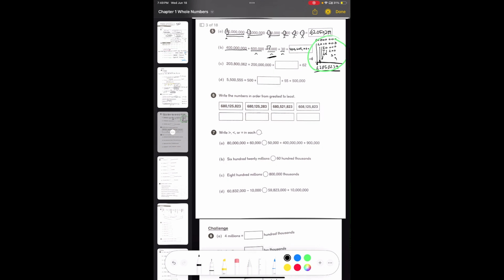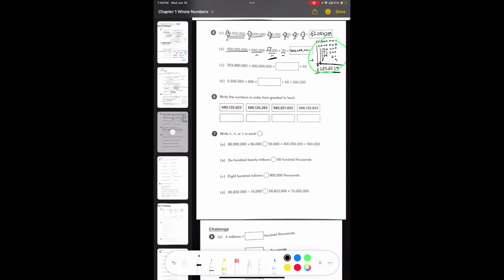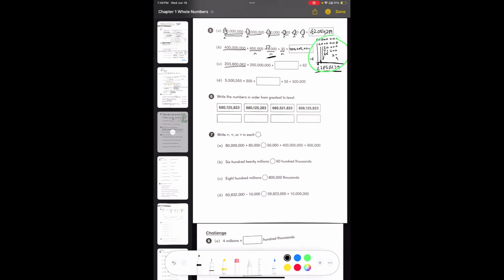For this question, they give you the answer and they want you to find what to make this. So we have 203,800,062 equals 200 million plus blank.